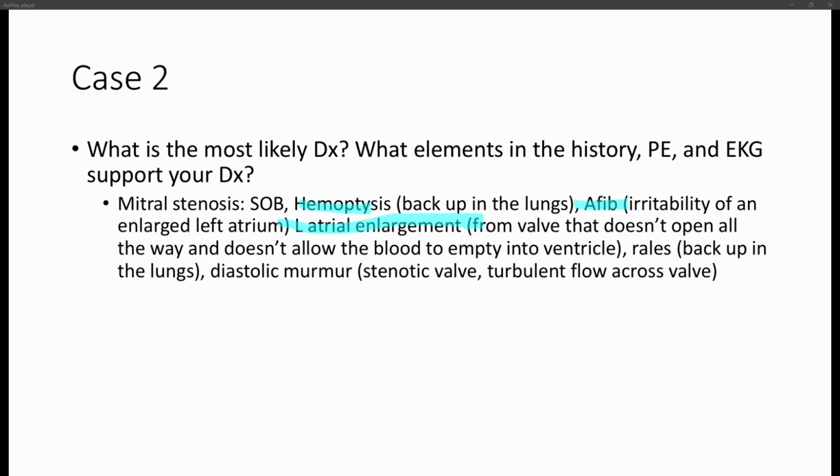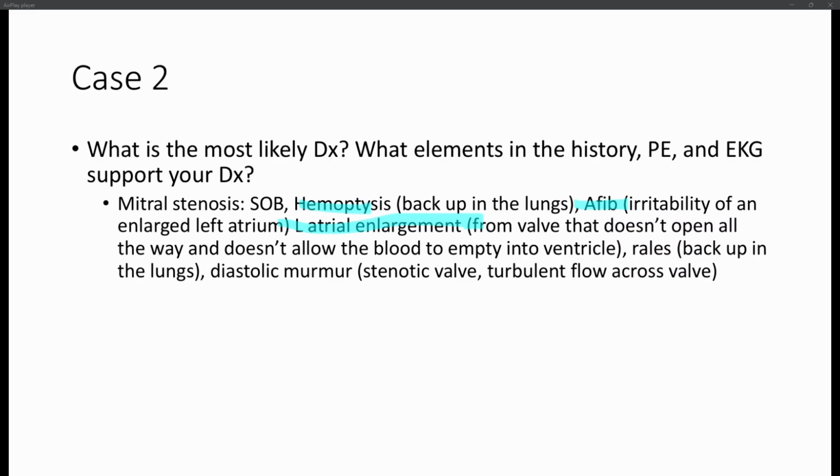So what happens to the volume of blood in the left atrium? It increases. Also, we're having to squeeze through a very tight stenotic valve, right? That requires higher amounts of pressure to get through a tighter valve area. The left atrium has to work harder. It's going to squeeze harder. That muscle is going to hypertrophy, and that chamber size is going to get bigger.